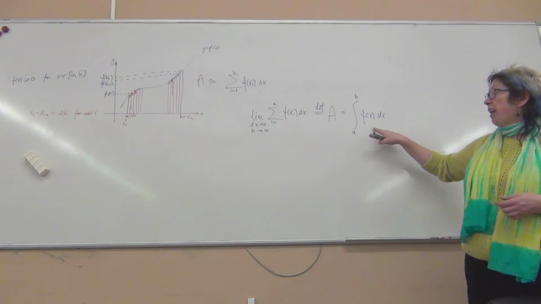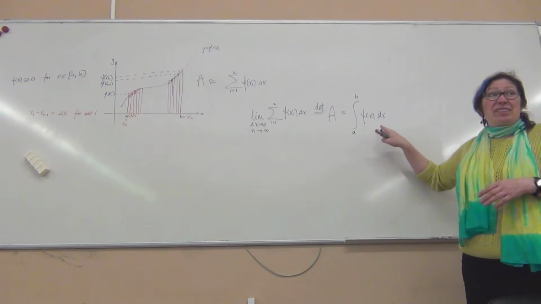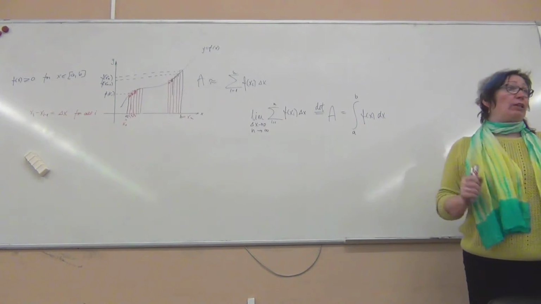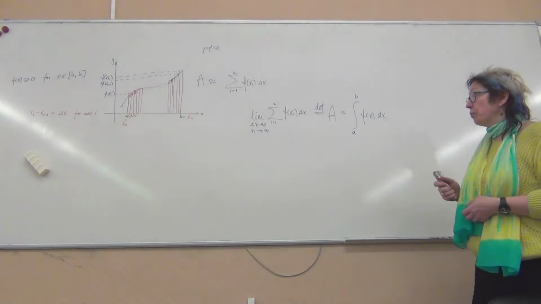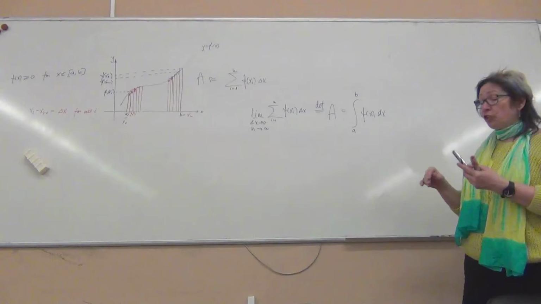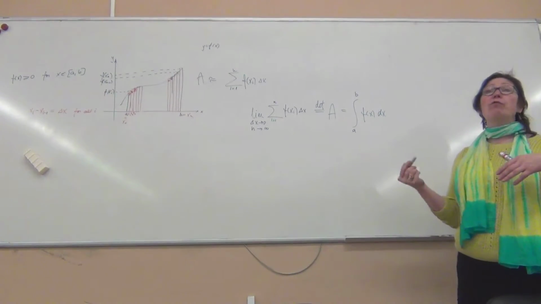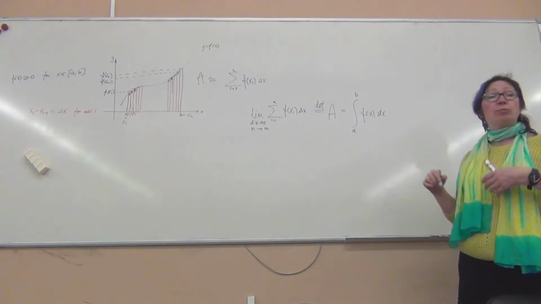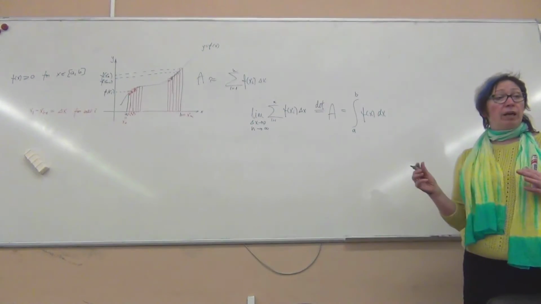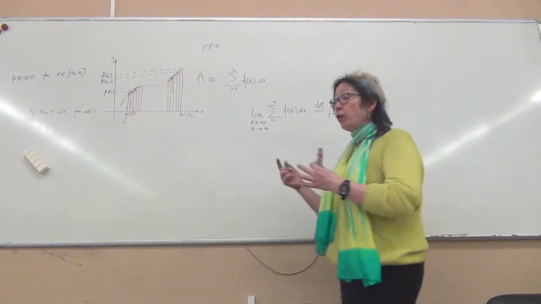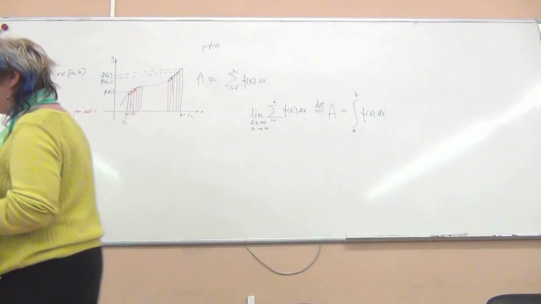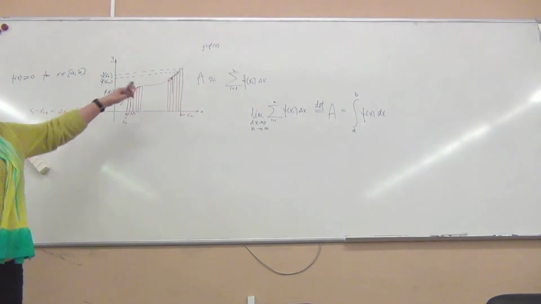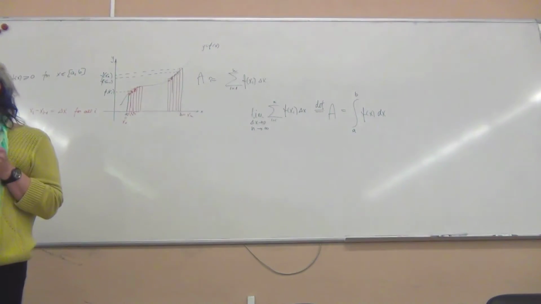Now, okay, how do we calculate this area? How do we prove that this indeed has something to do with anti-differentiation, with primitive functions? I'm not going to give you the total, accurate, precise proof. I'm simply going to give you an idea why the primitive function and the definite integral are connected.